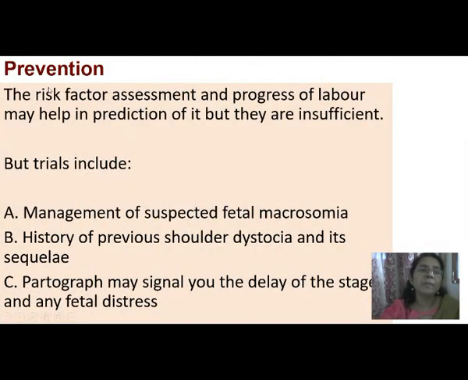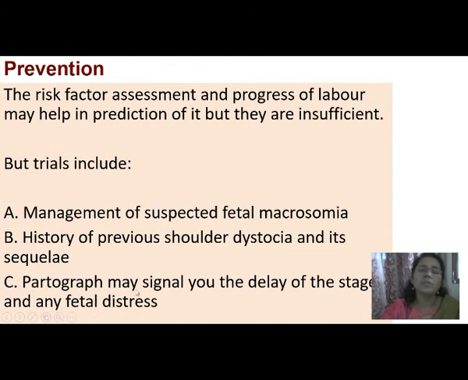Next, how can we prevent it? Risk factor assessment and progress of labor may help in prediction, but they are insufficient. But measures include management of suspected fetal macrosomia and history of previous shoulder dystocia, and the partogram may signal any delay in the stages of labor.